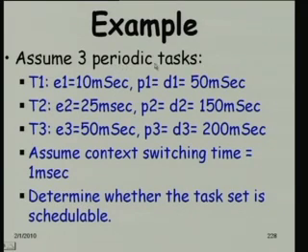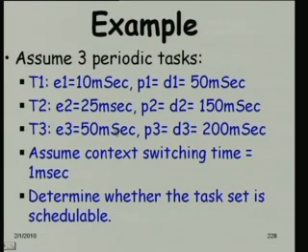We have 3 periodic tasks: T1 with execution time 10 millisecond and period equal to deadline 50 millisecond. For T2 it is 25 millisecond and 150 millisecond, and for T3 it is 50 millisecond and 200 millisecond, and the context switching time is 1 millisecond. See, 1 millisecond is very comparable to 10 millisecond, 25 millisecond, 50 millisecond.